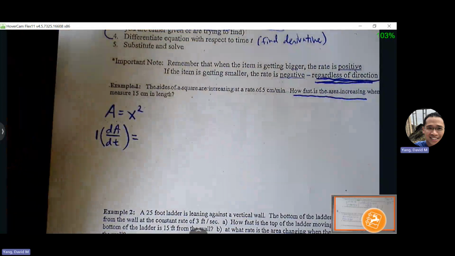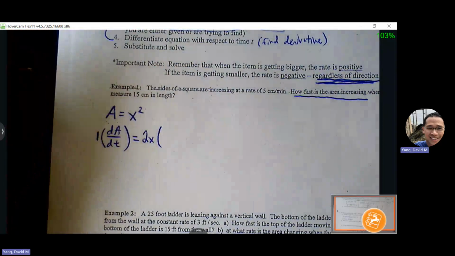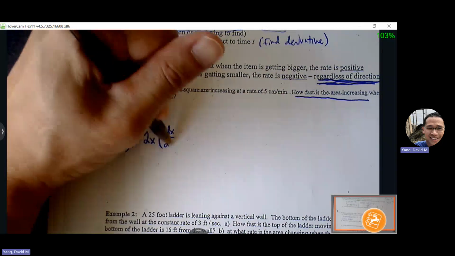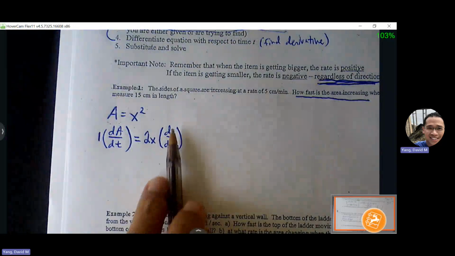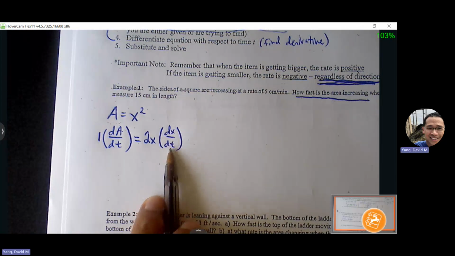Okay, what do you think x squared is going to turn into? 2x. Now it's also going to have its own derivative variable, dx over dt. That's the pattern. Every variable is going to show up in the numerator of the derivative, and then the denominator is going to be a d over dt.